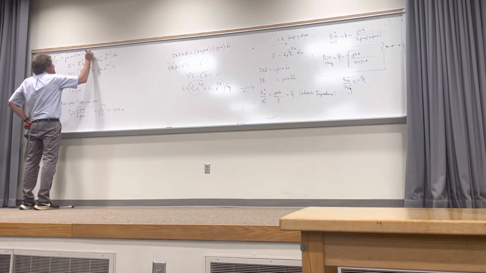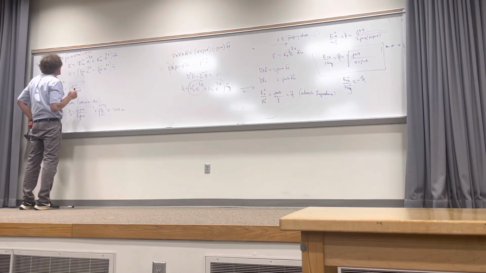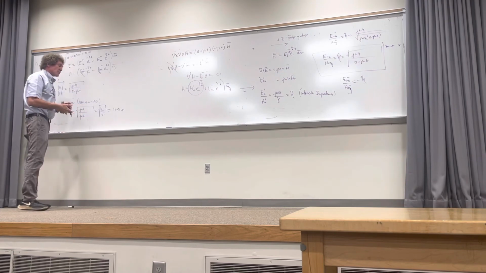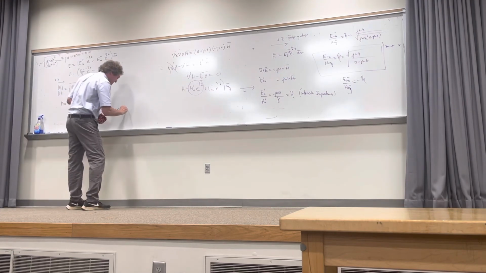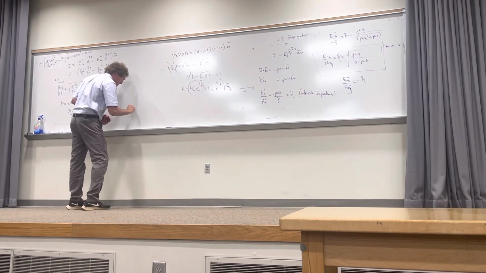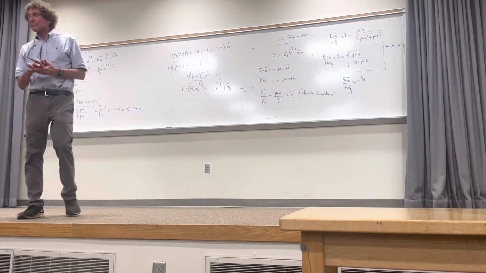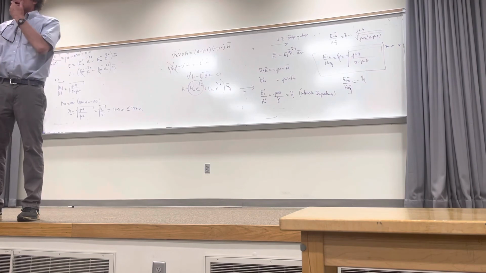So that's 120 right there. And so it's 120 pi, or about 377 ohms. But that's how you get it. Just put in the values. And that's important to know.